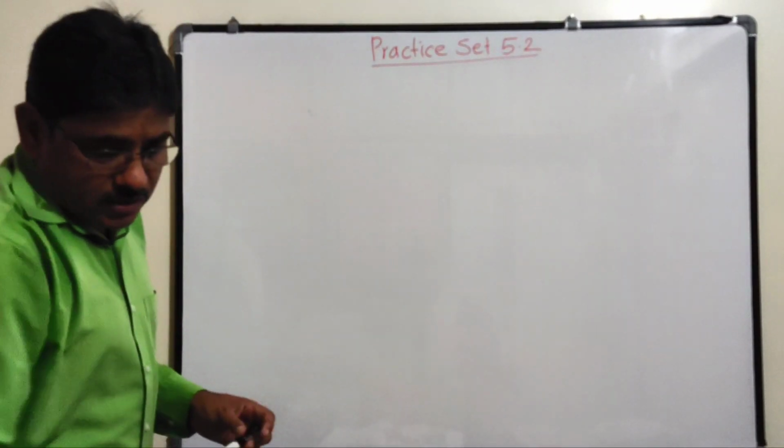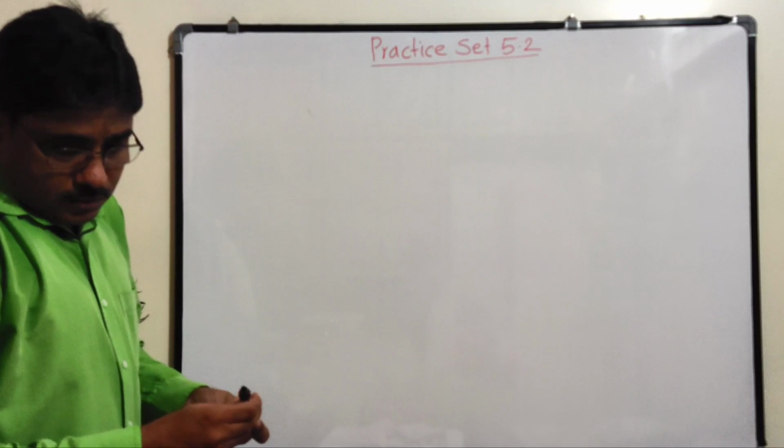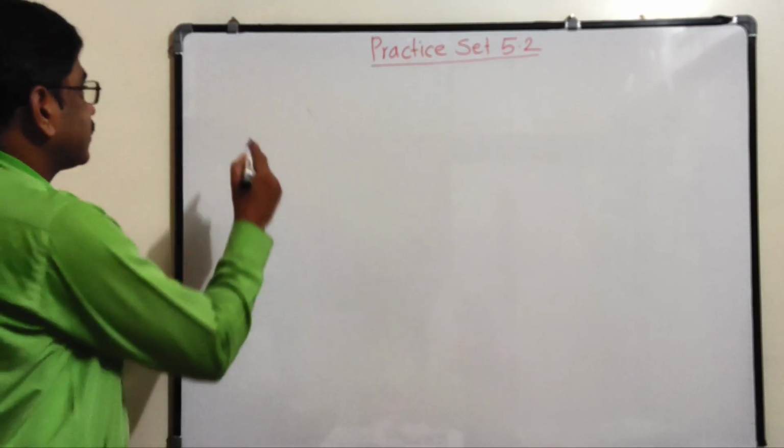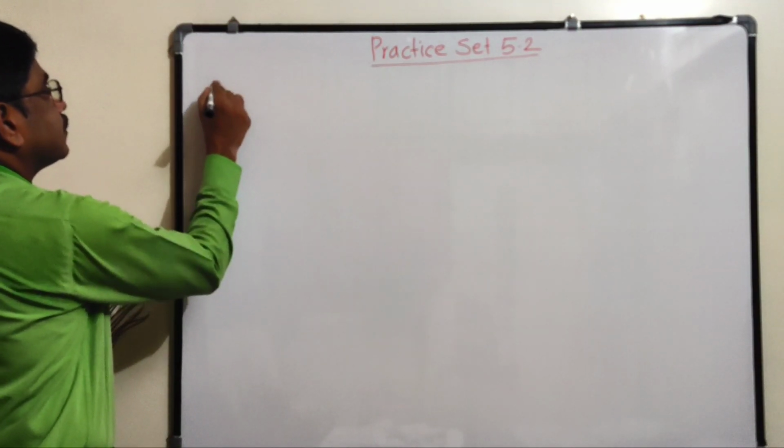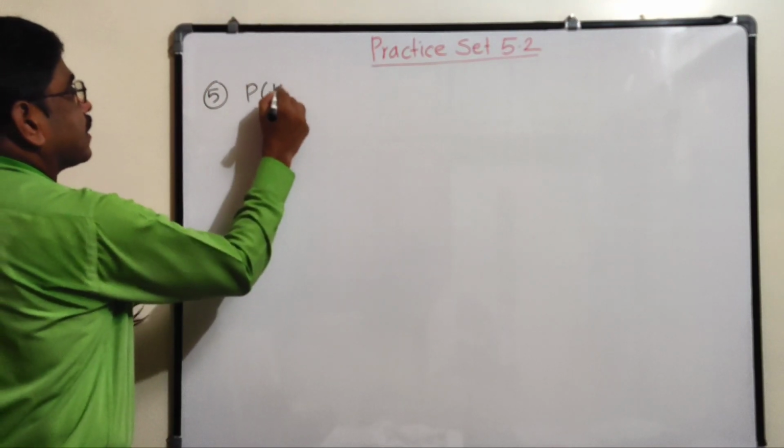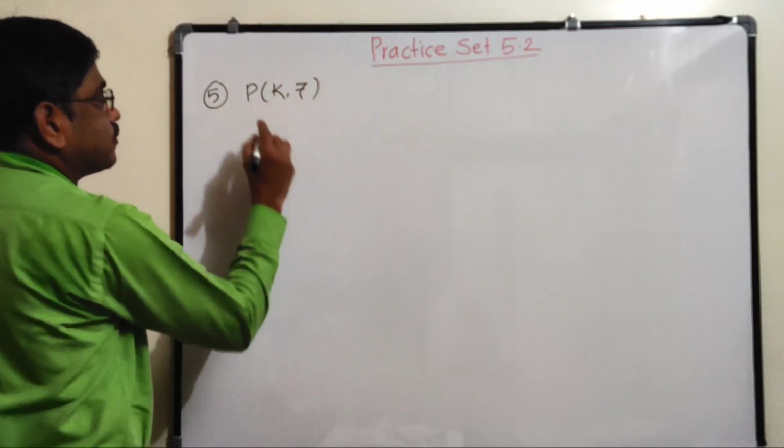Now in fifth sum, what is given? This PK7. PK7. This K also we have to find.